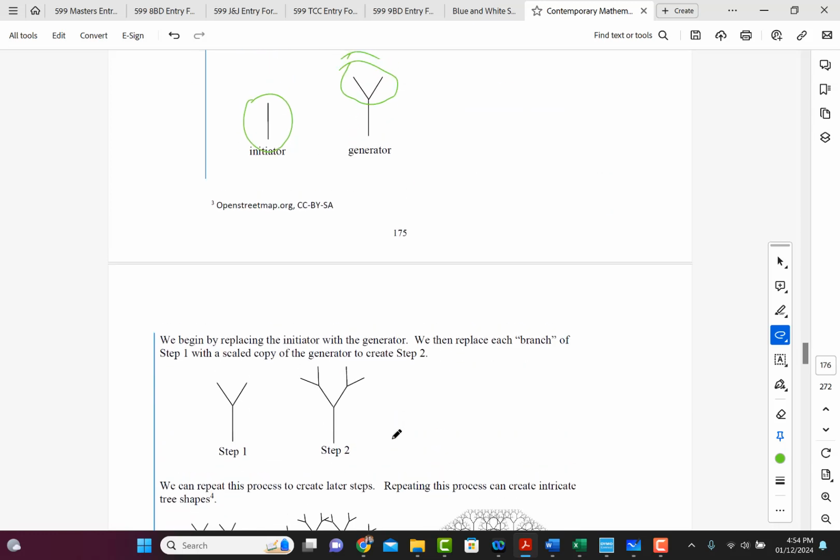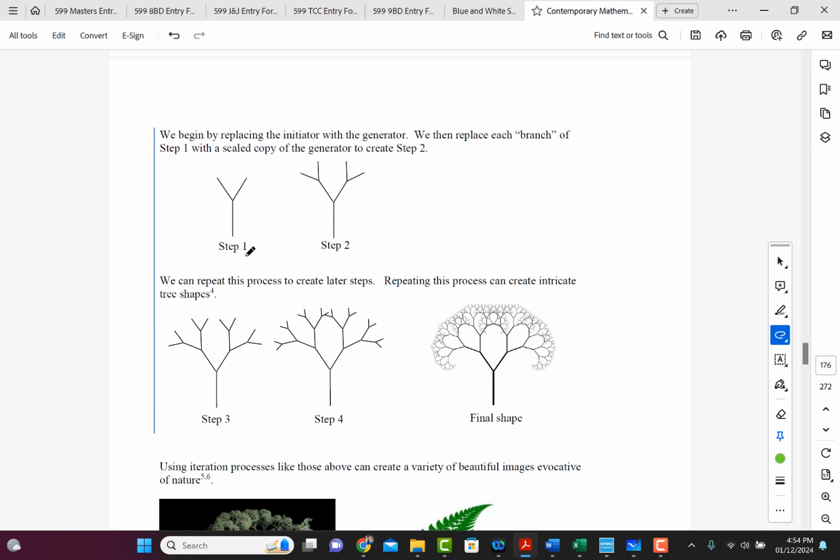So notice that in step one, we split this branch here, right? And then what happens? We split the two branches at about the same time. So right up here, if I was going to circle, we're splitting up here. Maybe it's a third of the way, maybe two thirds of the way or something like that.